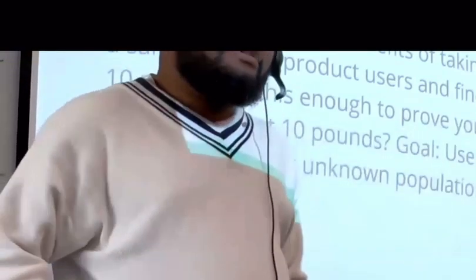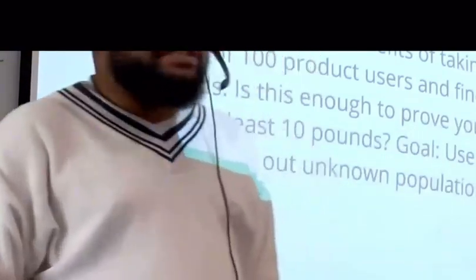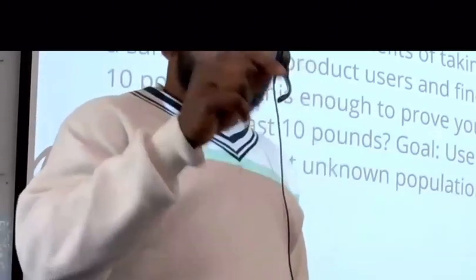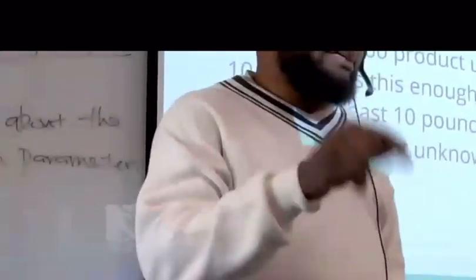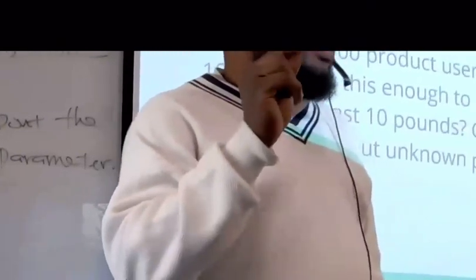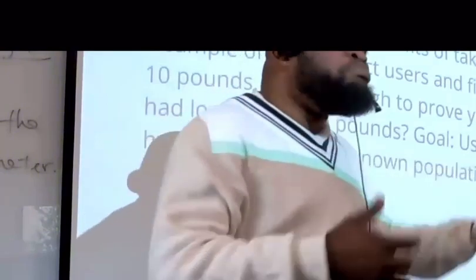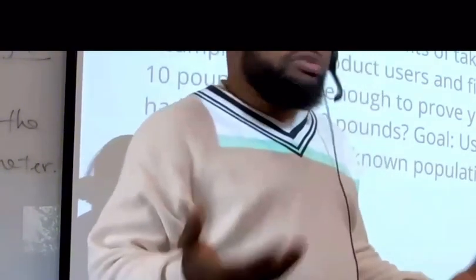Our goal is to use sample data to formally test hypotheses about an unknown population parameter. We are always going to test hypotheses about unknown population parameters, which could be a mean or a proportion. Does that make sense?